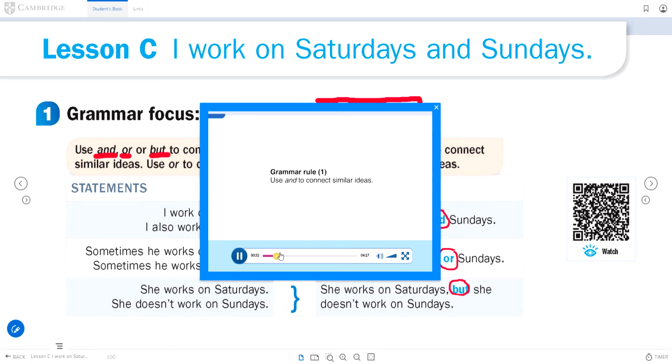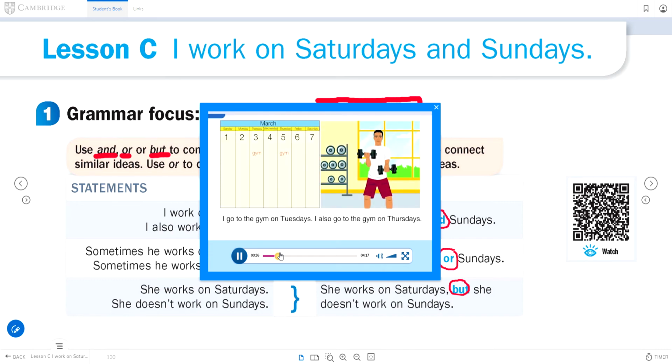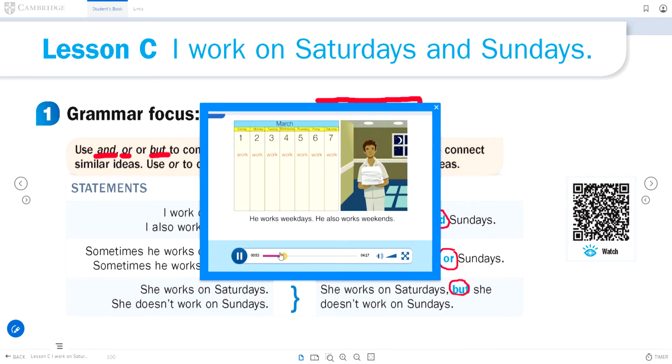Use and to connect similar ideas. I go to the gym on Tuesdays. I also go to the gym on Thursdays. I go to the gym on Tuesdays and Thursdays. He works weekdays. He also works weekends. He works weekdays and weekends.